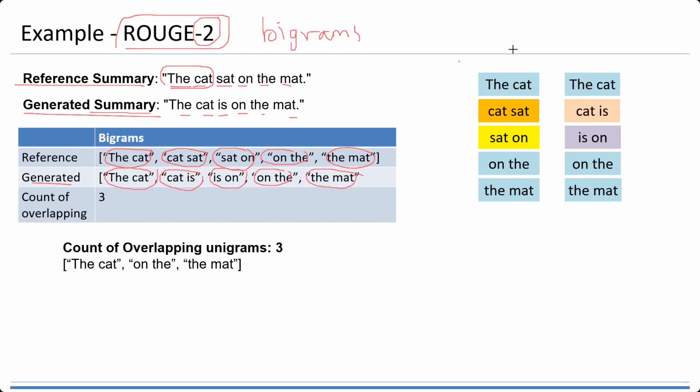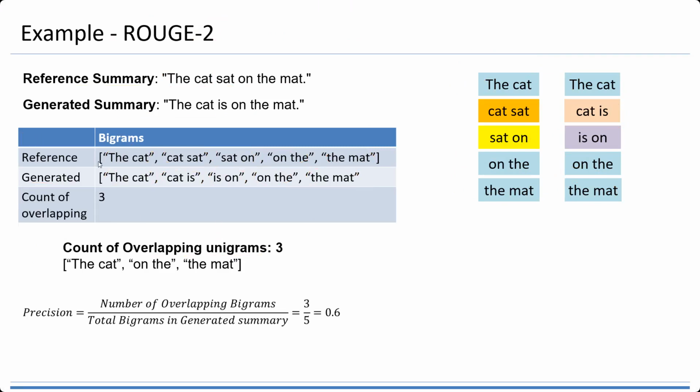Then we can make something like this for the display. The cat and the cat. Cat sat, cat is, sat on, on the, the mat, the mat. The overlapping bigrams, there are 3. Okay, 1, 2, 3. This is not the unigram count, this is the bigram count. So there are 3, and we again calculate the precision and recall.